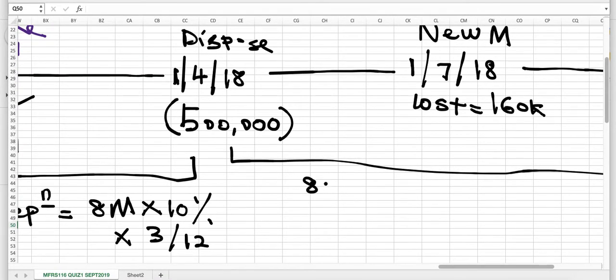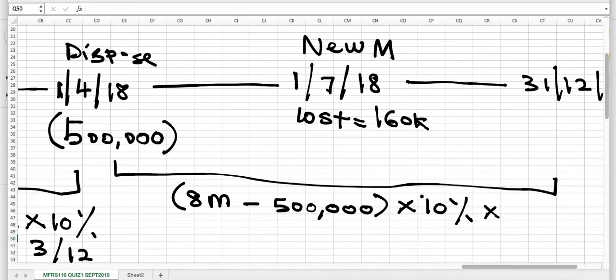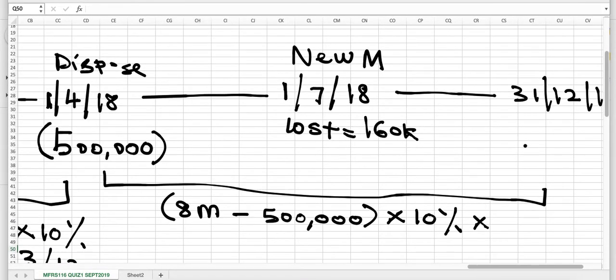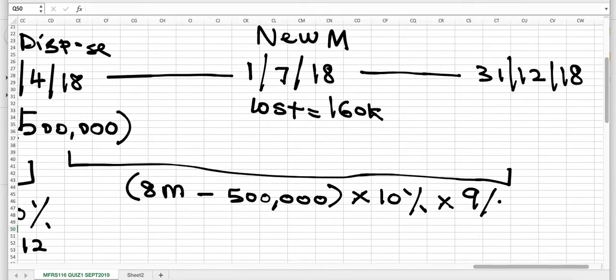That means your existing asset 8 million is minus 500,000. Okay, times with 10%. Times with how many months? From April until December. Okay, you kira it is 9 months. 4, 5, 6, 7, 8, 9, 10, 11, 12. So it is 9 over 12. So this is the remaining asset that is not disposed. So you get this 562,500.